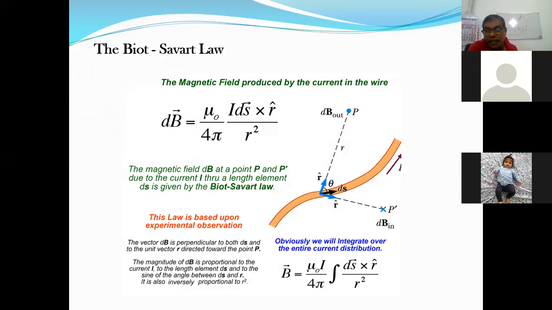So we have a current carrying conductor. There we are selecting a small element, the length of the small element as ds.